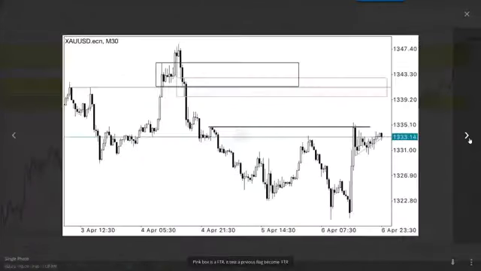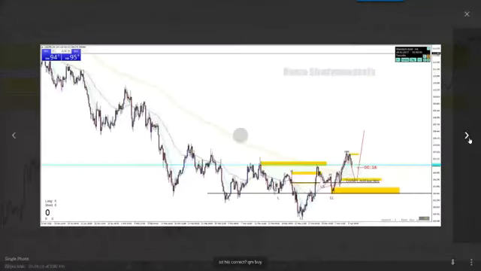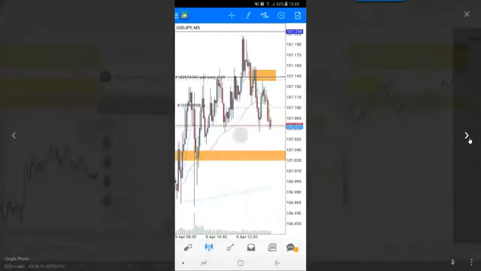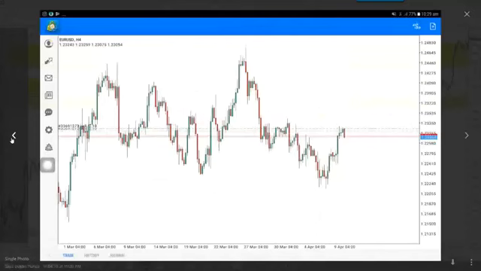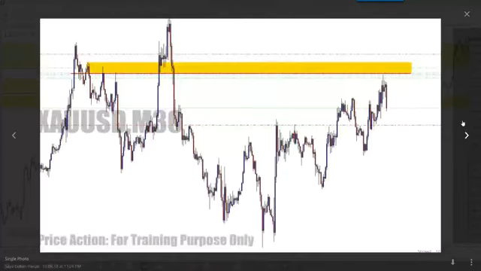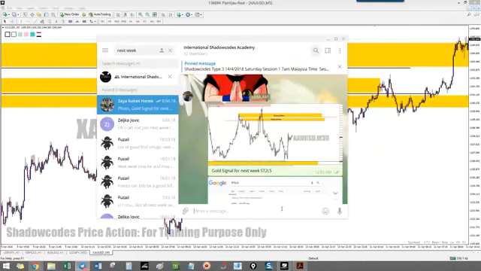Think where is my entry? This is the entry on XAUUSD. I missed a few pips from my signal, but it's already dropped like this. Alright, so that's it.